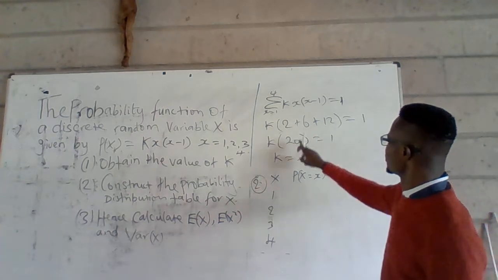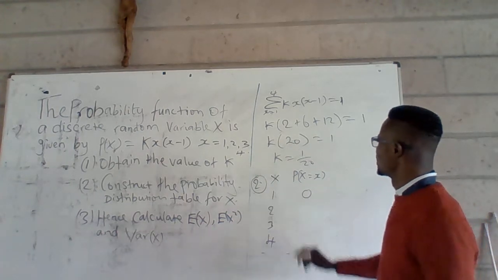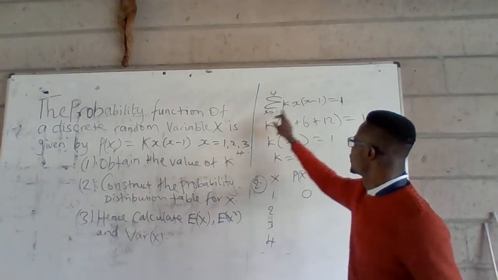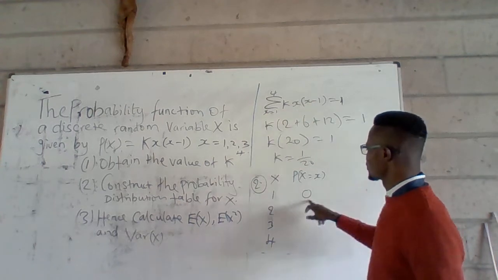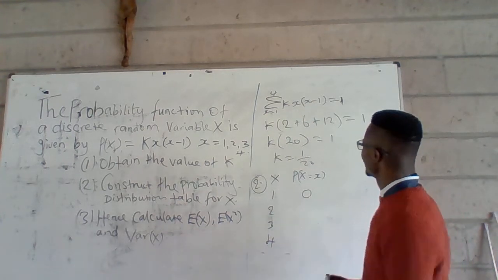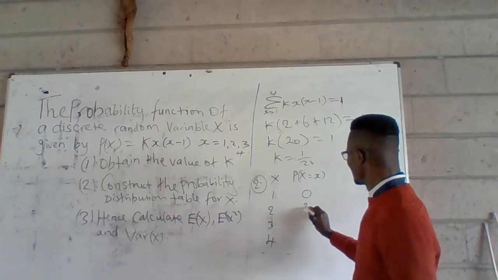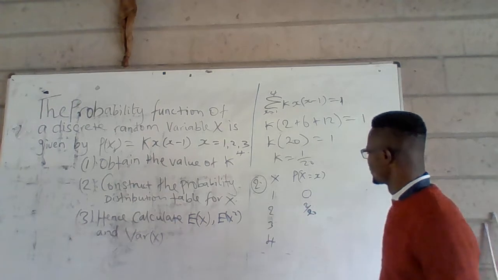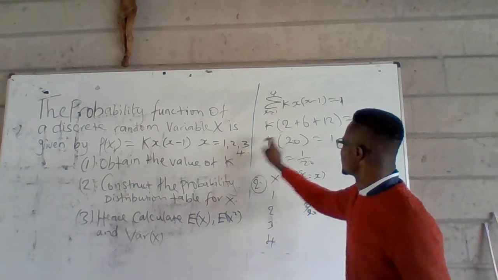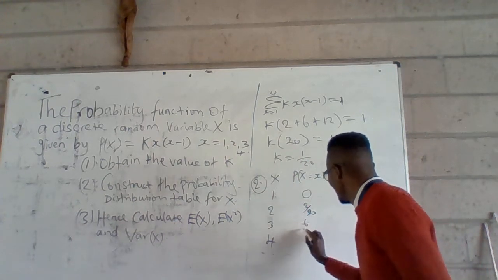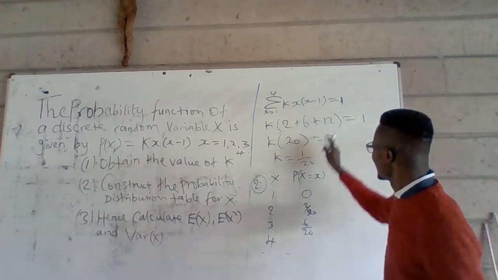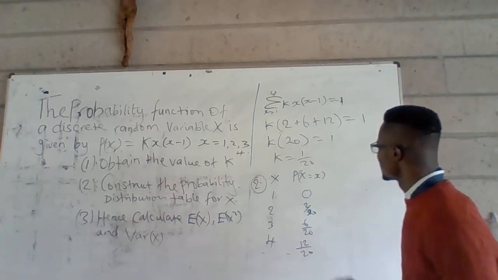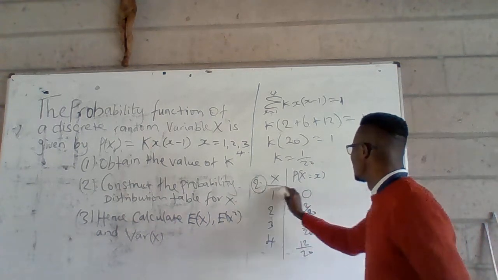So for 1, it was 0, because if you calculate 1 times 1 minus 1 by substitution, it will give us 0. For 2, here we have 6, so it will be 2 over 20. For 3, it is 6, so this will be 6 over 20. And for 4 we have 12, so it is 12 over 20. And this is the probability distribution table.